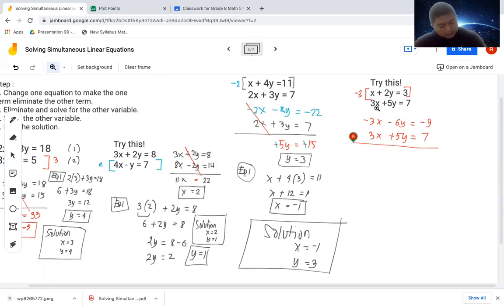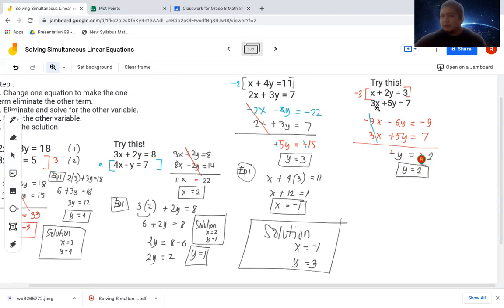So eliminate. And this one will give me minus y is equivalent to minus 2. So cancel out the negative sign. This is now going to give us y is equal to 2. All right.